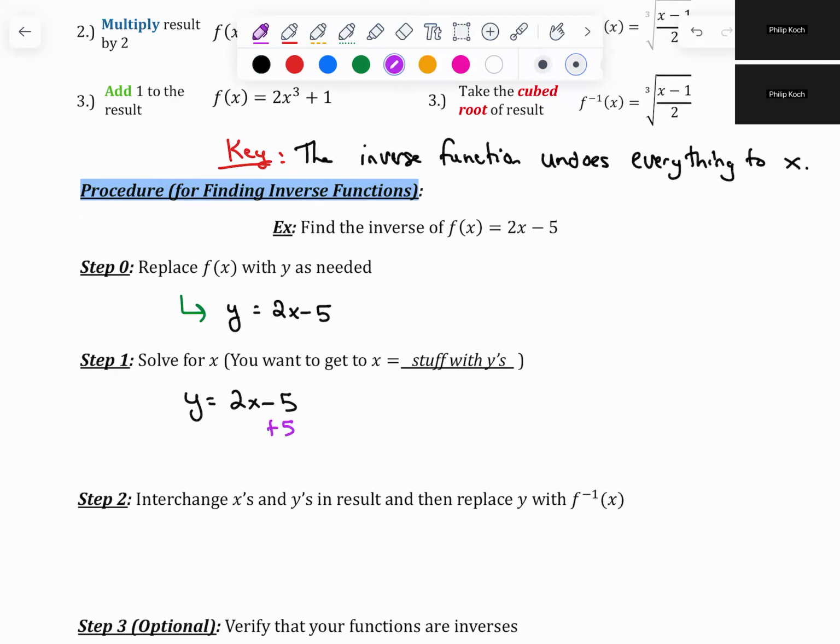I'm writing this down because this is our first time seeing it, but in general, I don't need you to write this algebra. You can do it in your head. So we get y plus 5 is equal to 2x, and then we'll divide both sides by 2 to get that x equals (y plus 5) over 2.